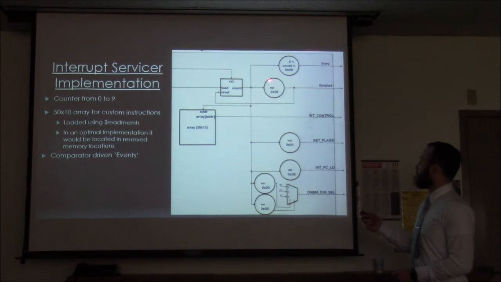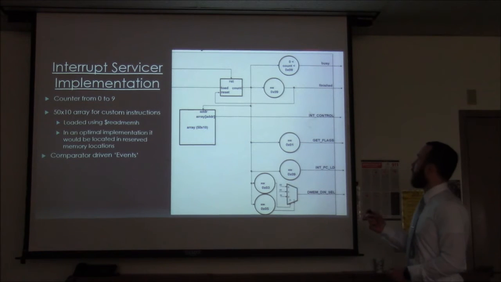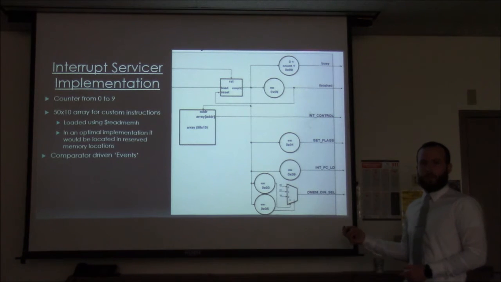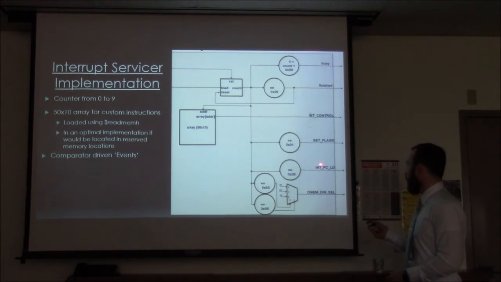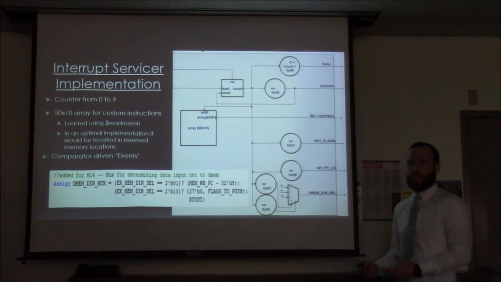All of these are just different comparators for different events. Up here we have the busy signal, like we're currently servicing the interrupt. We have the finish signal and a couple others, which I'll be walking through in a waveform, so you'll be able to see what each of these signals are doing. This one down here in particular is a select for a MUX that controls what data is going into the data import on the data memory.